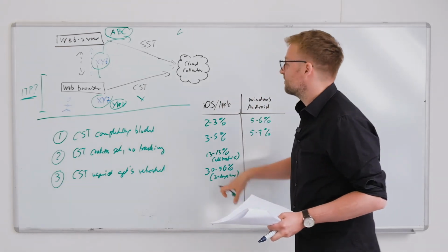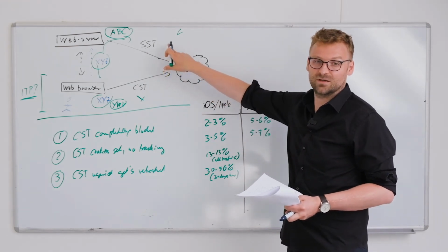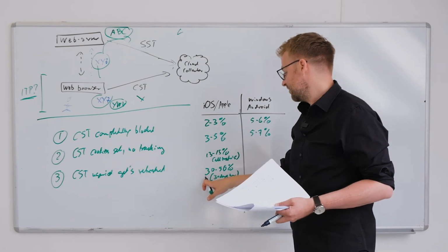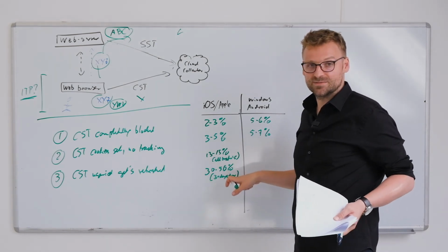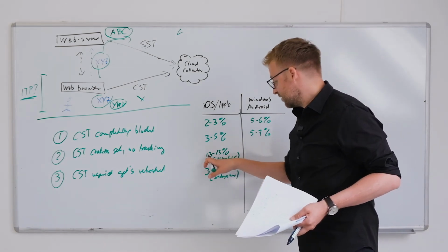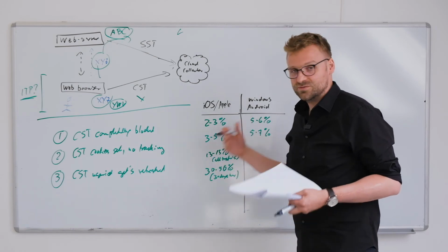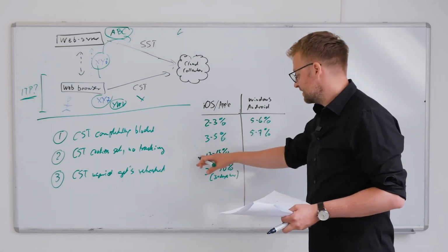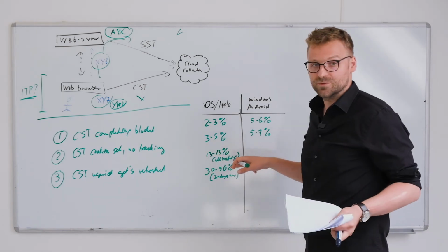So when we saw a user on the server-side tracking for 3 or more days, we see this in 30 to 50% of the cases. For all traffic, of course, you have a lot of users who come only once or twice, so in the total it's only 13 to 15%.